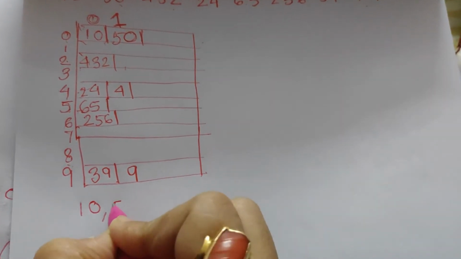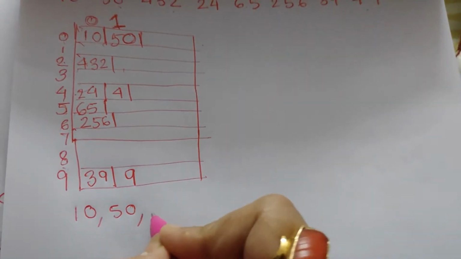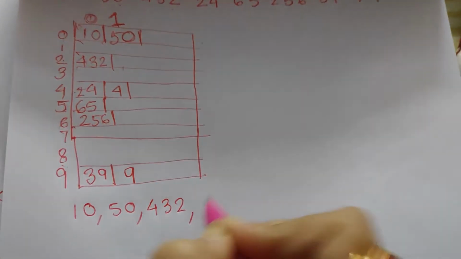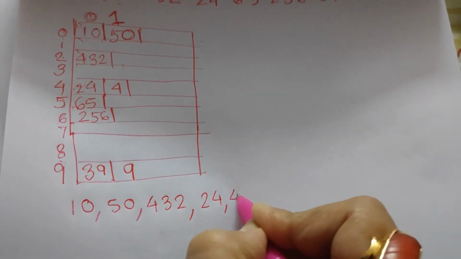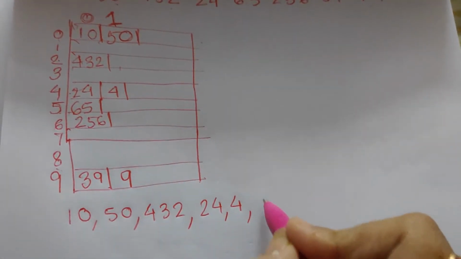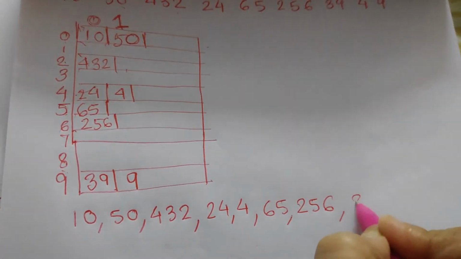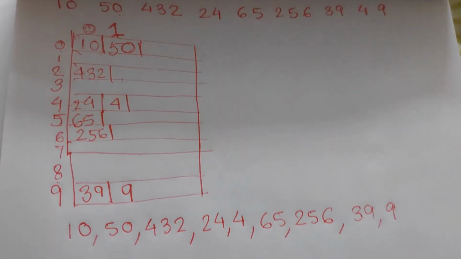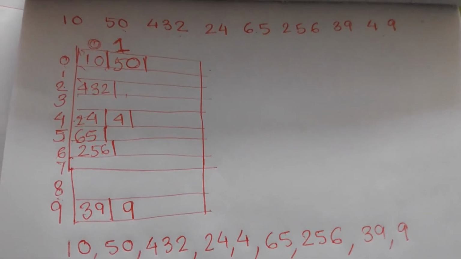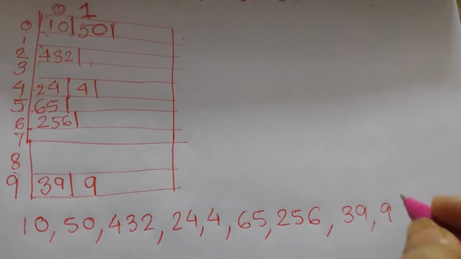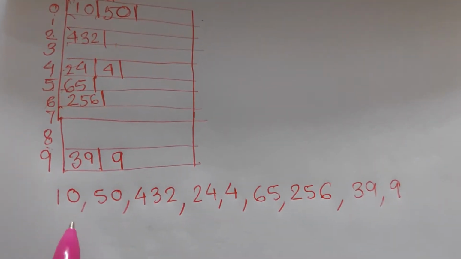So 10, 50, the next row is empty, so we will come to this row, 432, 24 and 4, then we have 65, then we have 256, then we have 39 and 9. Correct? So in this way the array would get reorganized after pass 1, that means after the first iteration.